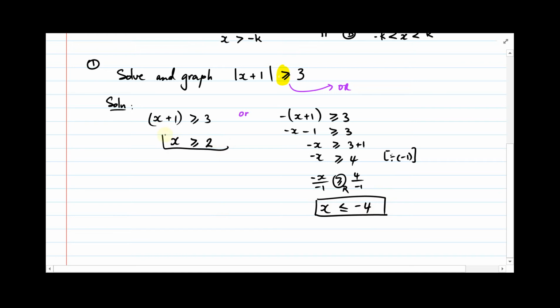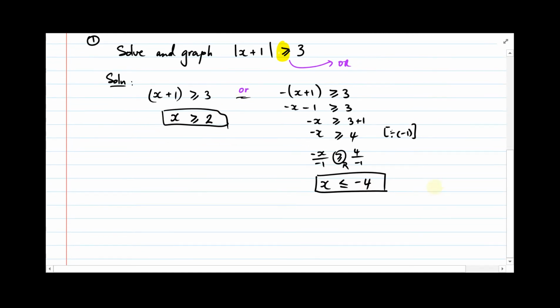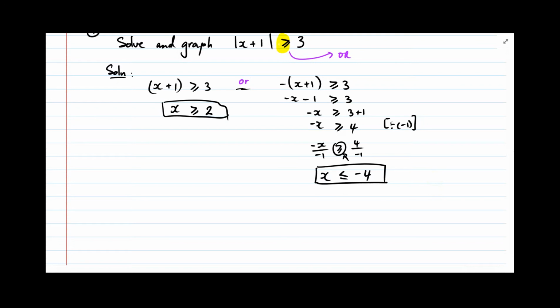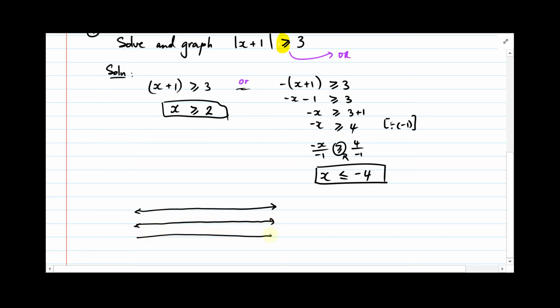Now remember, this was an OR statement. So what did we do? By now, having done quite a bit of these, you should be able to go directly on the number line, but I'm going to take it a bit slow at first. Let's look at each of these and then the OR statement.